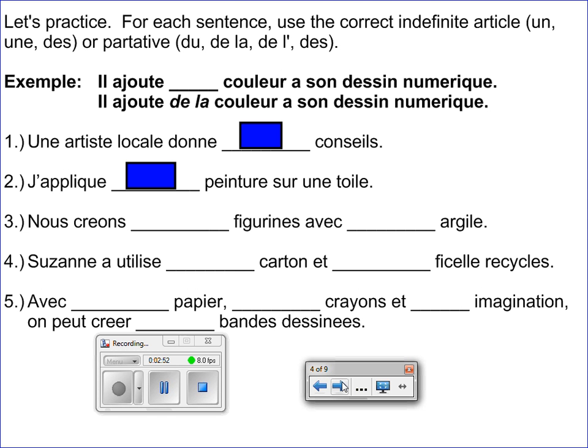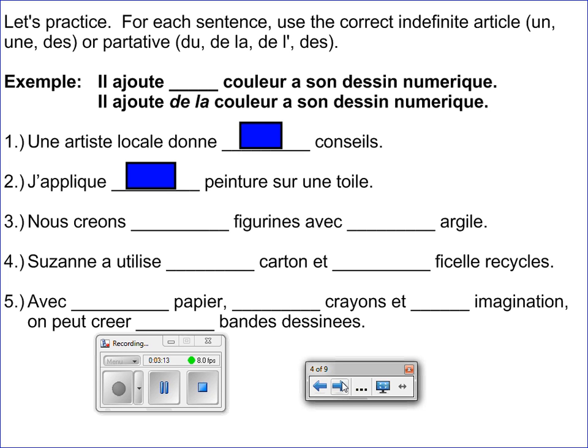Okay, we're going to get some practice here over the next couple of slides. For each sentence, we are going to use the correct indefinite article, whether it be un, une, or des, or partitif, du, de la, de l', and des.